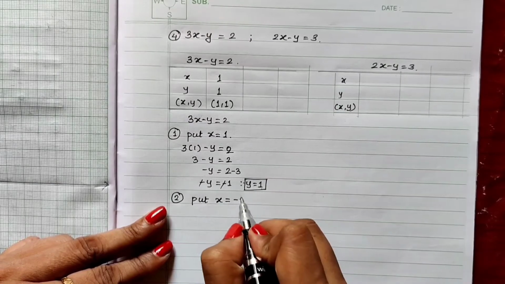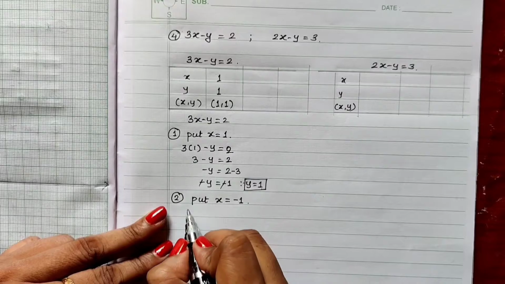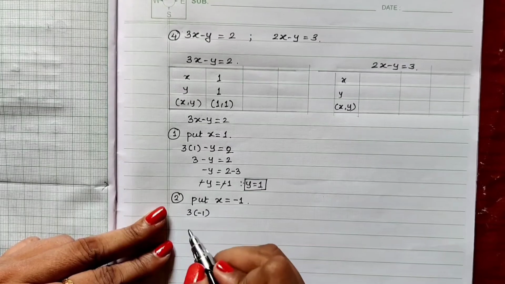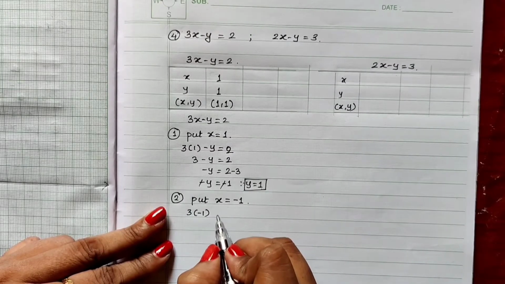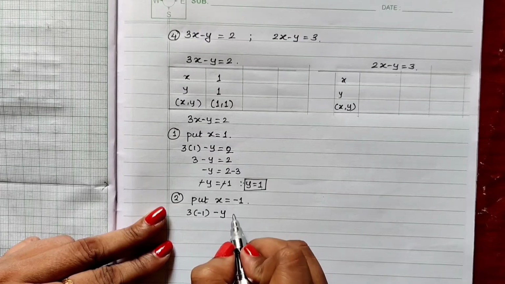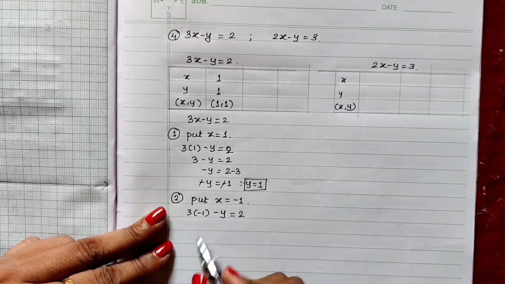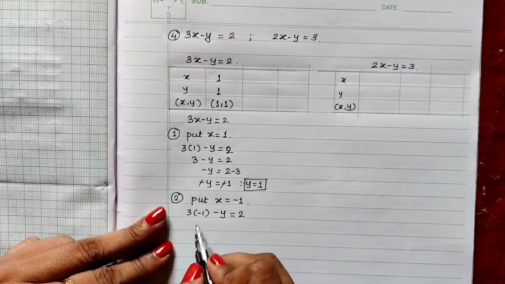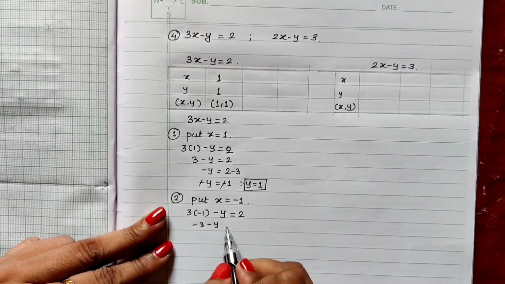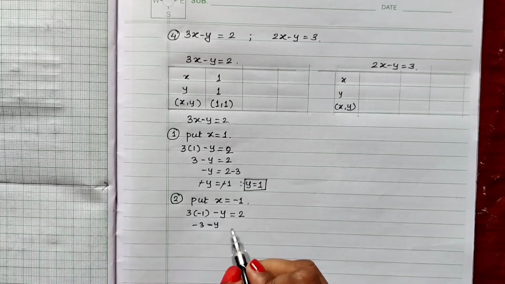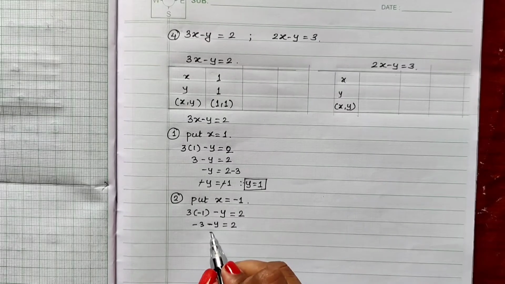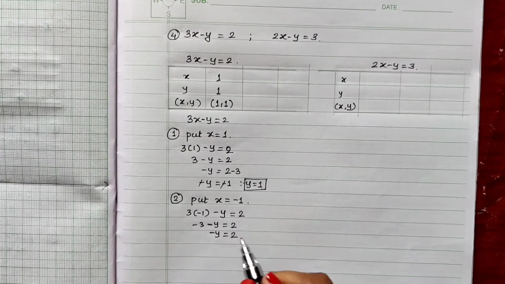Now let us take any other value for x. x is equal to minus 1 I will take. So 3 into minus 1, in place of x we write minus 1, minus y is equal to 2 as it is. Now 3 into minus 1 is minus 3, so minus 3 minus y is equal to 2. This minus y is equal to 2 as it is I write.